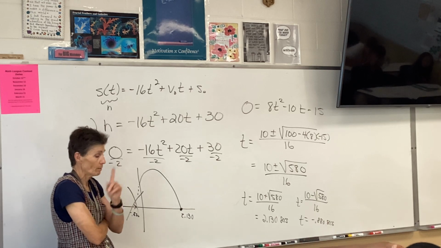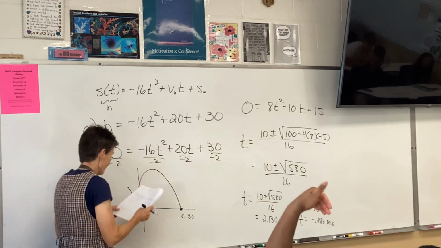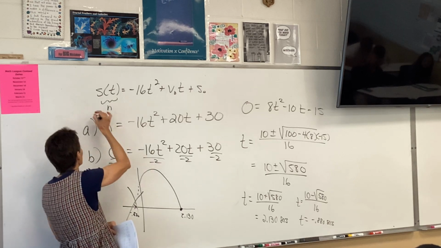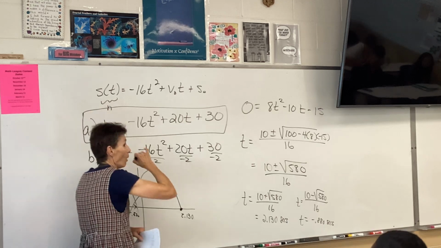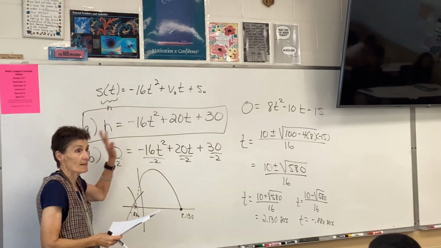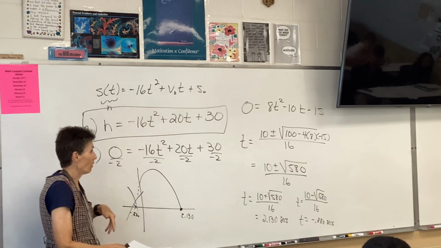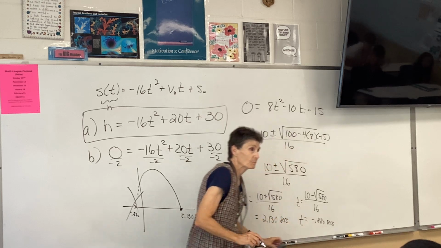Good on that one. One more question. How high is the ball after 1.5 seconds? Now remember, this is your equation. Always go back to part A. How high is the ball after 1.5 seconds?